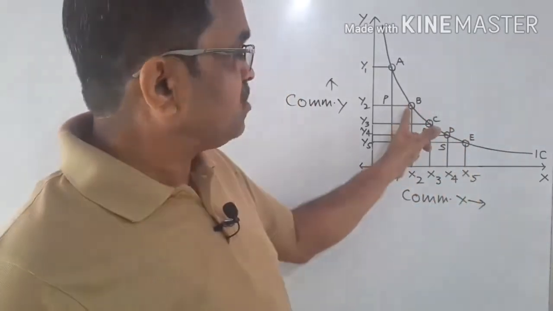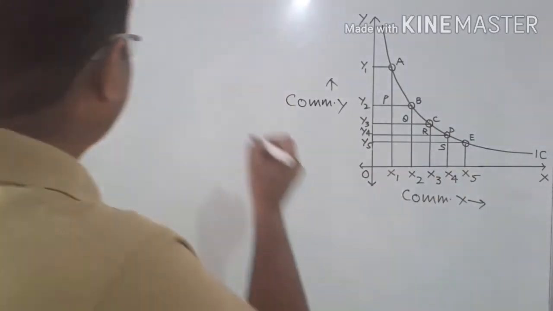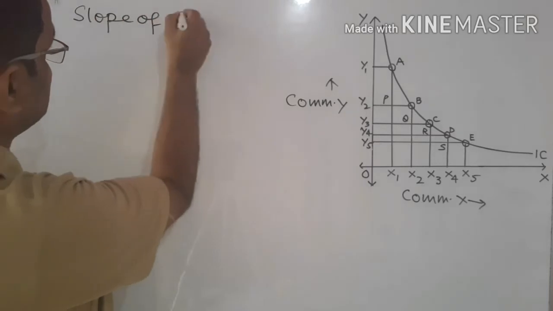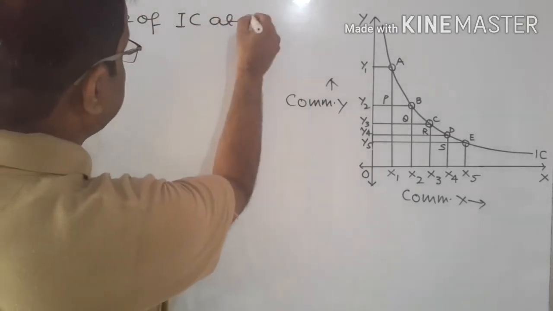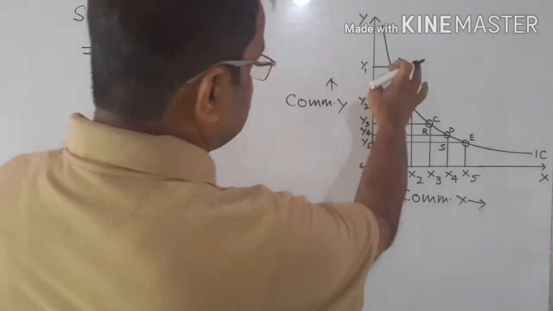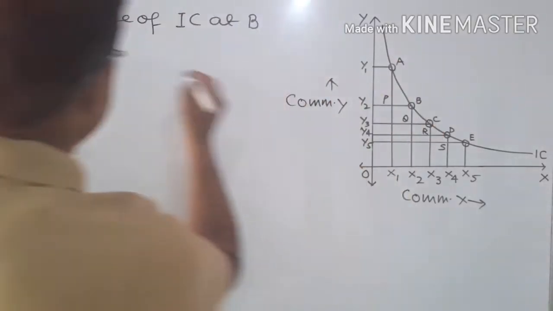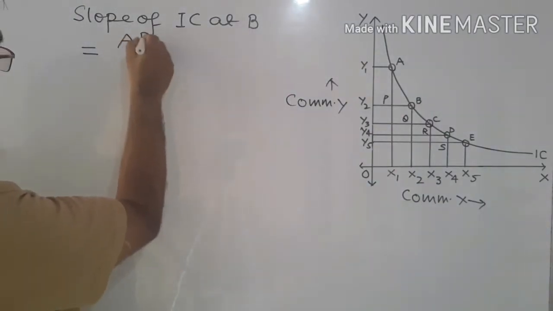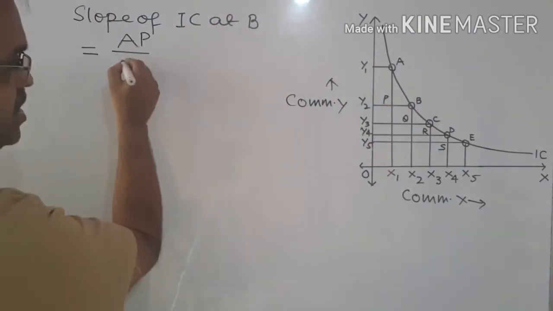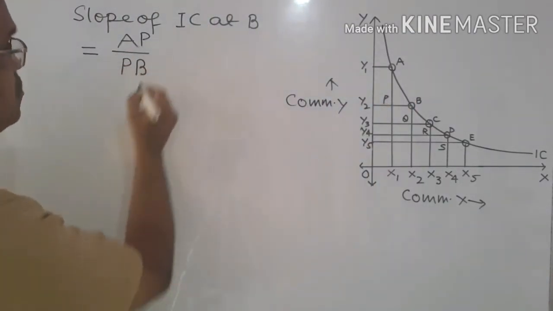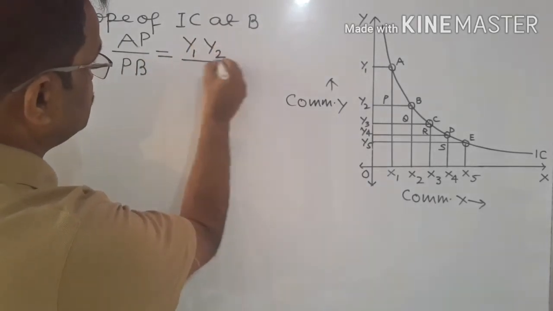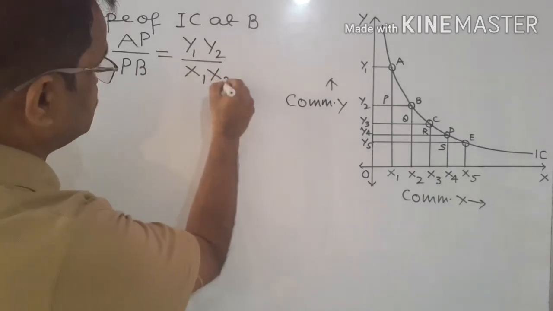Now, how to find out the slope of this indifference curve? At point, let it be B. The slope of the indifference curve, that is IC at B, is equal to, what is the slope? That is equal to AP by PB. Mathematically, it can be calculated as the ratio of the changes, that is AP, the change made on the y-axis and the x-axis. What is AP? This is equal to y1, y2 by x1, x2.